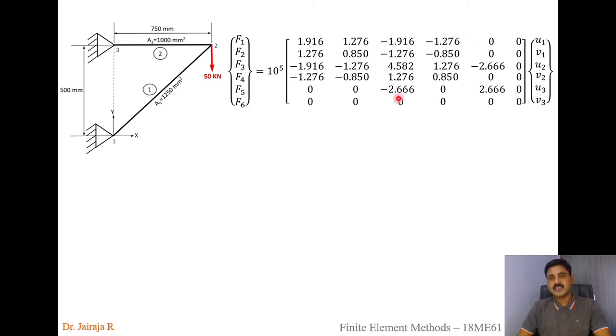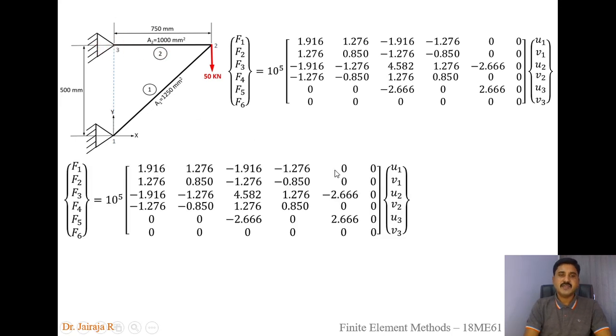U1, V1 are the displacements along x and y at node 1. Similarly U2, V2 at node 2, and U3, V3 are the displacements at node 3 along x and y directions. So this is the global matrix.